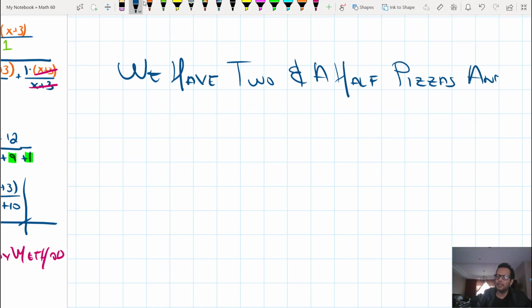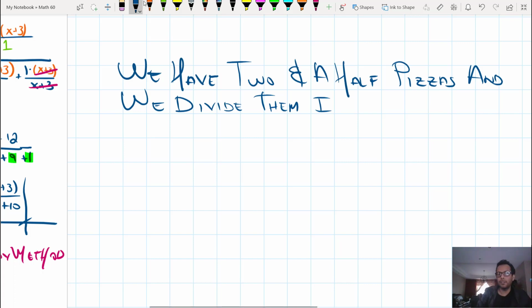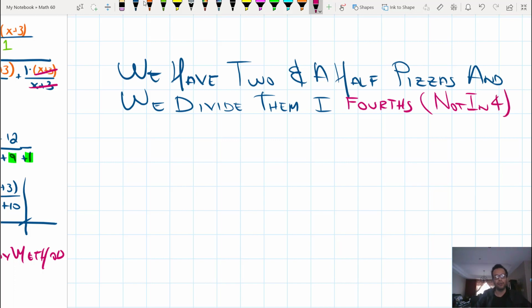And we divide them, notice the word I'm going to use here, in fourths. Be careful, right? I'm dividing each pizza in fourths, not in 4, it's a whole different thing.